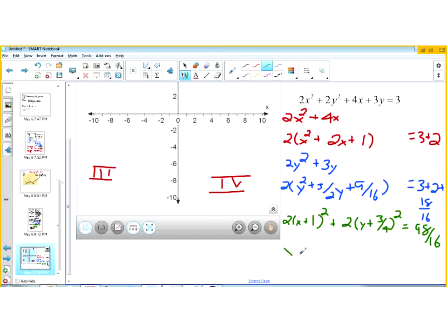Now to put it in a form where we can graph it, we can divide both sides of the equation by 2. And so we have (x plus 1) quantity squared plus (y plus 3/4) quantity squared is equal to 98/32.